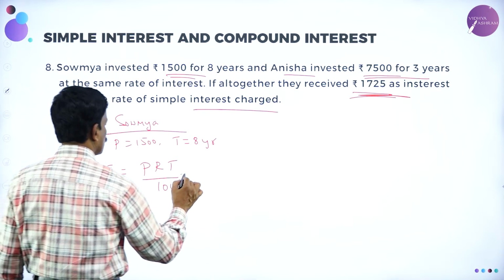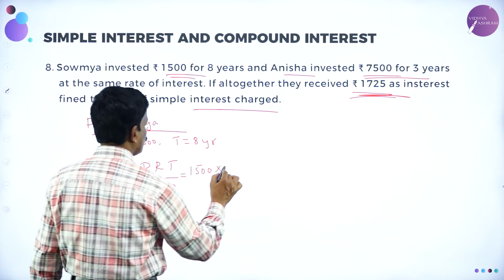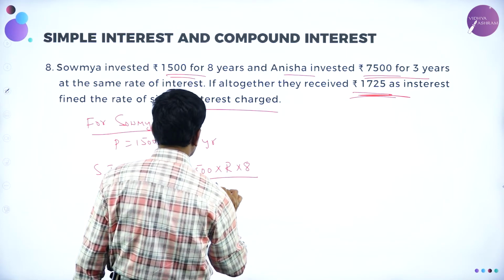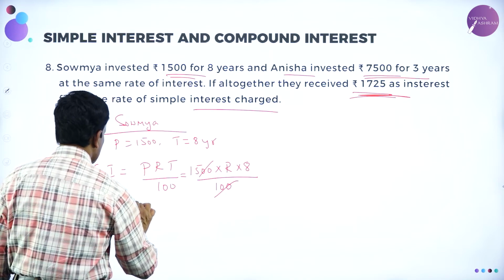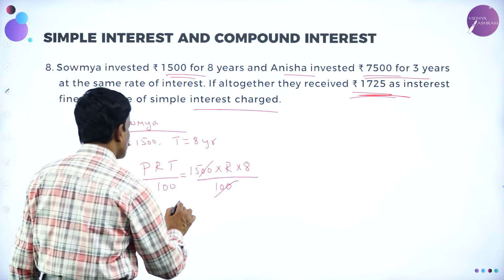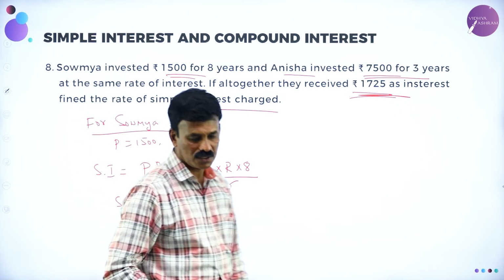This is equal to principal 1,500 into rate of interest, which we don't know, into time period 8 years, divided by 100. So simple interest is equal to 15 into 8, which is 120 times R, right? Okay.